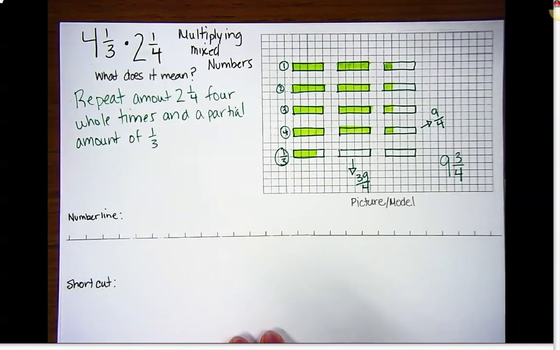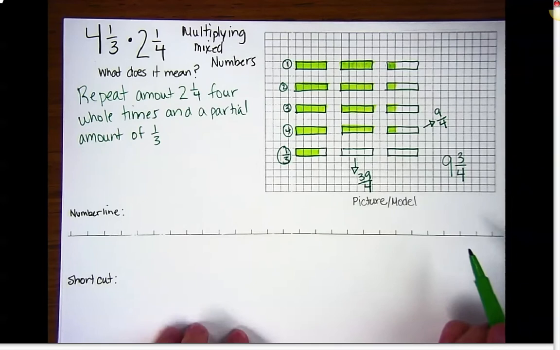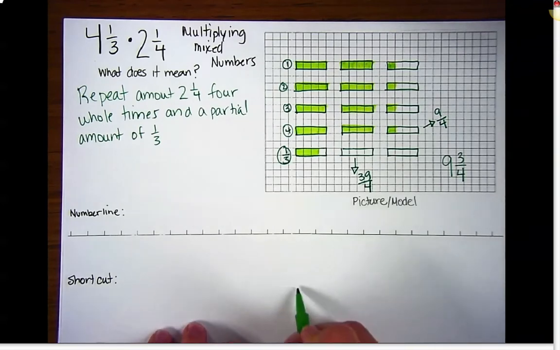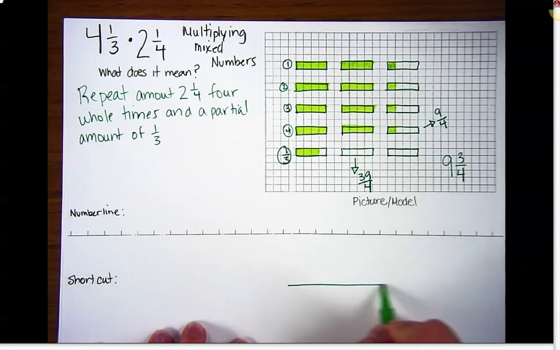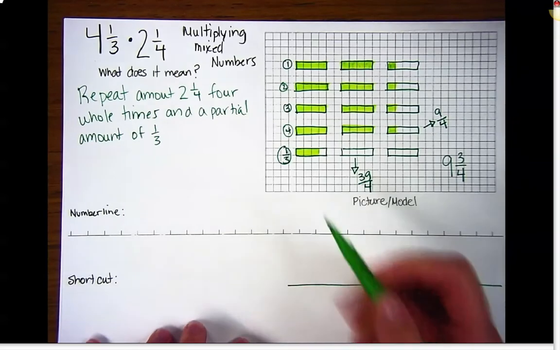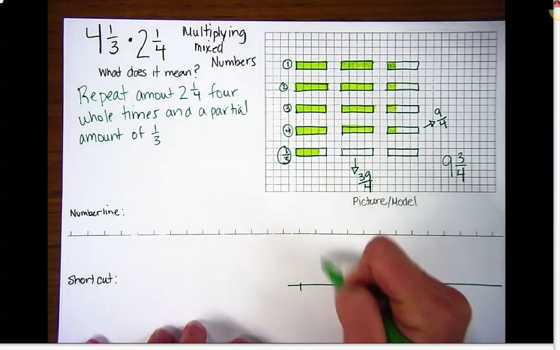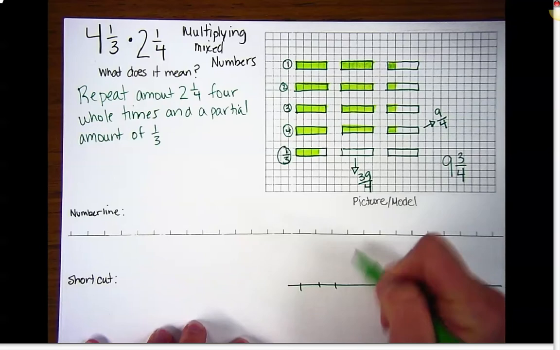Well, what is this going to look like on a number line? This is again one of those problems where we're going to need to extend our number line because what we have here is just not quite enough. So I think I'm going to draw it down here. And I'm going to try and line up my marks with the number line above.